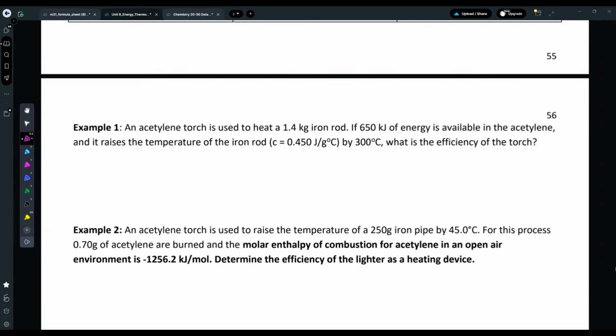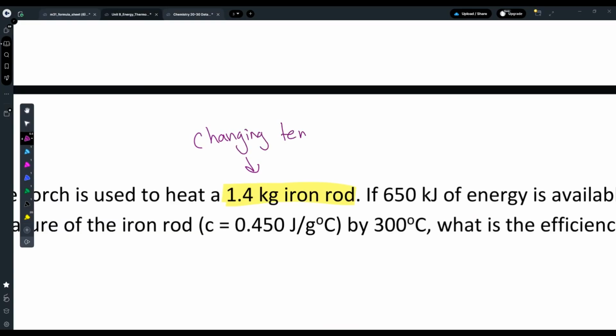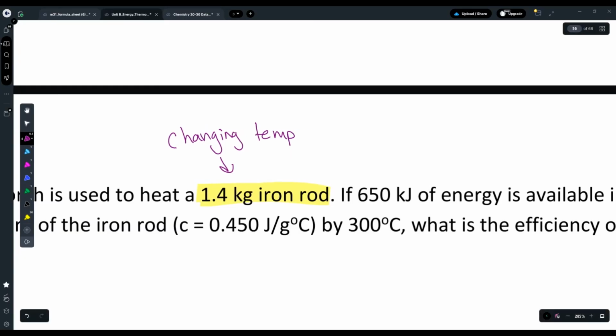Okay, so let's break this down. Our iron rod is the substance that's undergoing a change in temperature, but it's not undergoing a reaction. So the information related to the iron rod is going to be related to kinetic energy.